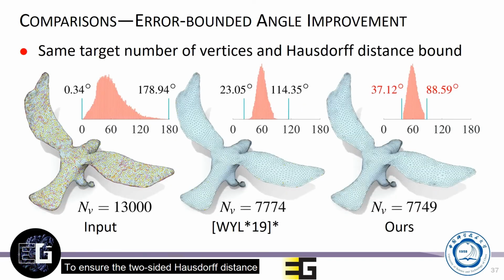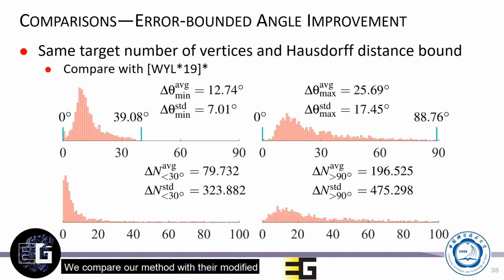To ensure the two-sided Hausdorff distance is bounded for the above previous method, we modify their method by using explicit checks to reject local operations that violate the error-bounded constraints. However, this method usually leads to poor results. We compare our method with their modified method over our dataset using the same target number of vertices and the Hausdorff distance bound.